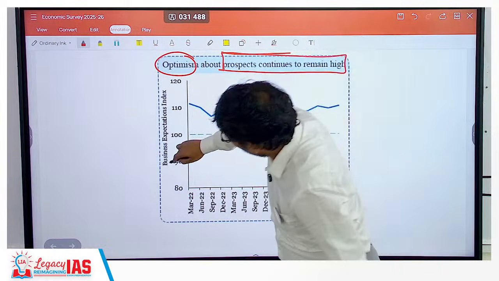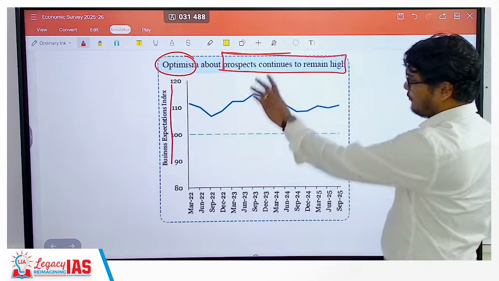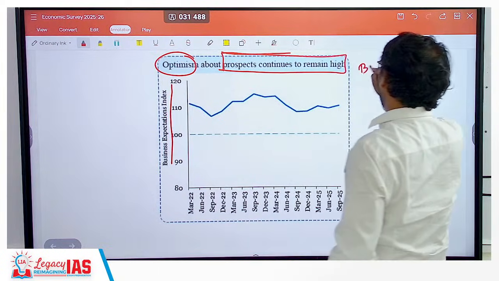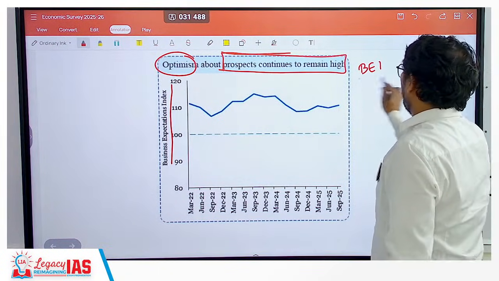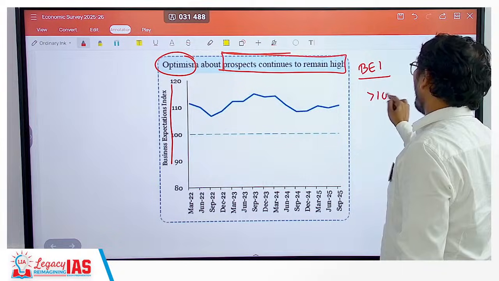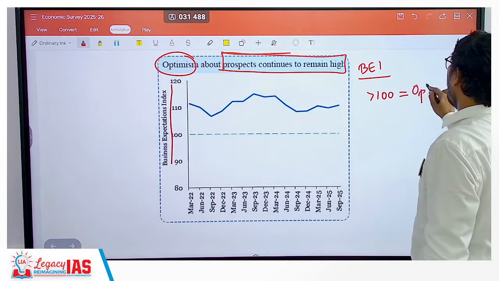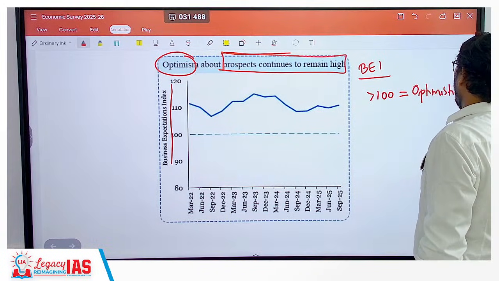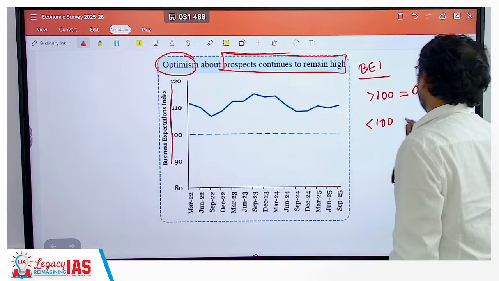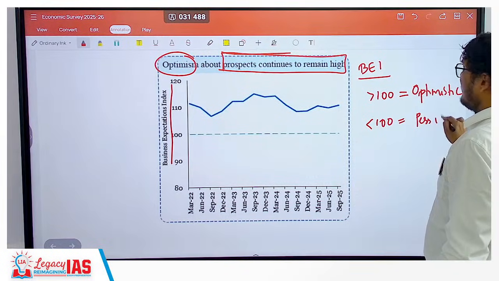So this is the business expectation index. Let me explain this. If the business expectation index is more than 100, the expectation is considered to be optimistic. If it is less than 100, the expectation is considered to be pessimistic.